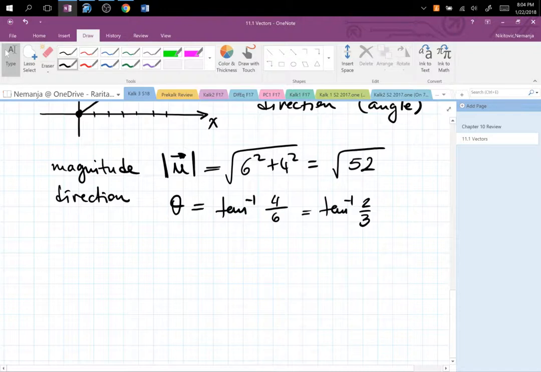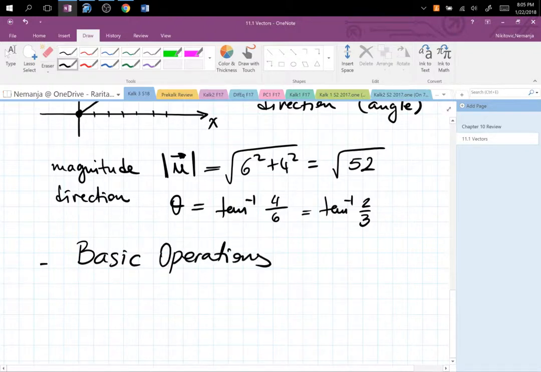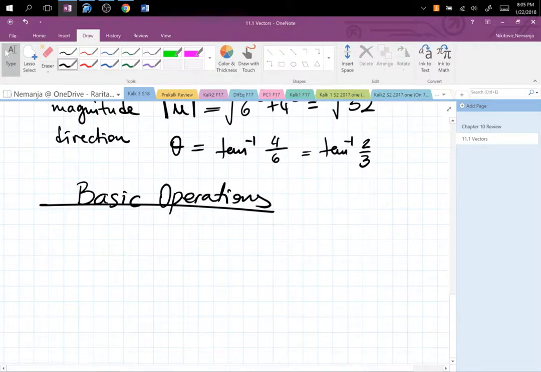So what we can do with vectors is we can add them, subtract them, and then we can multiply them by a constant to make them longer or to make them shorter. If you multiply by 1/2, you will cut the length of the vector in half. So there are these basic operations which are addition, subtraction, and scalar multiplication.